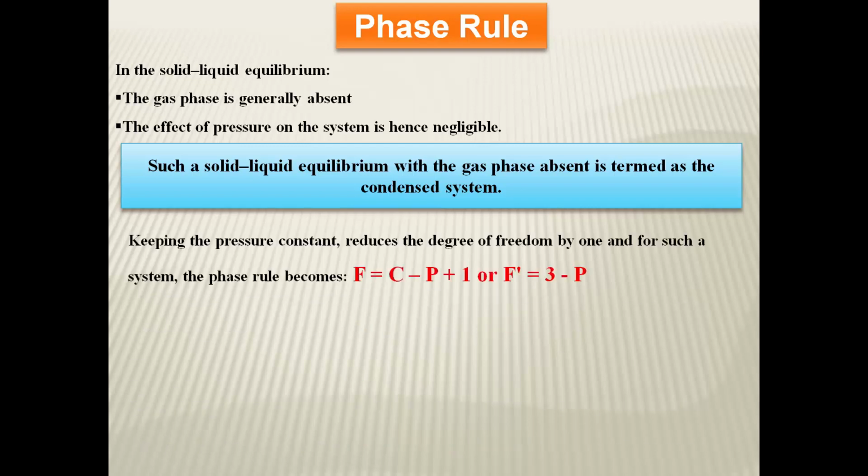Keeping the pressure constant, as I told you, we'll be keeping pressure constant. If I keep the pressure constant, that is, I have held 1 degree of freedom, I have reduced the degrees of freedom by 1, and for such a system, now the normal phase rule, that is F is equal to 4 minus P, will not apply, rather it will be 3 minus P. So we represent the reduced phase rule by F prime is equal to 3 minus P. That is, we have reduced 1 degree of freedom by keeping the pressure constant.